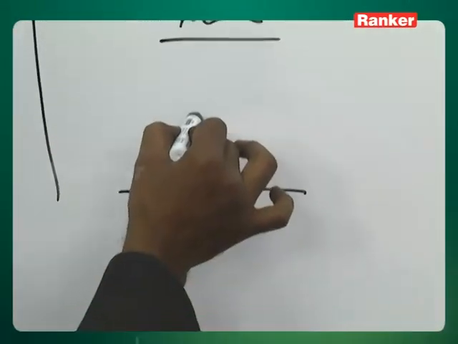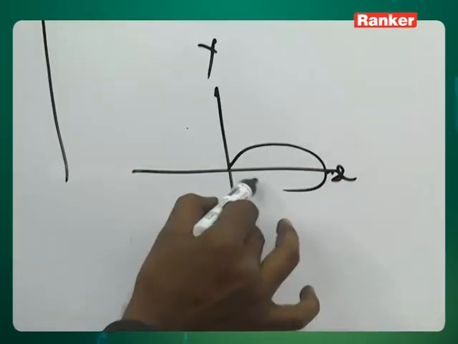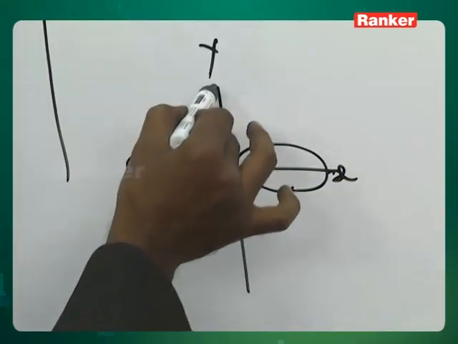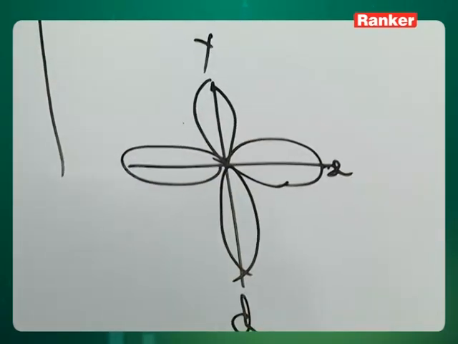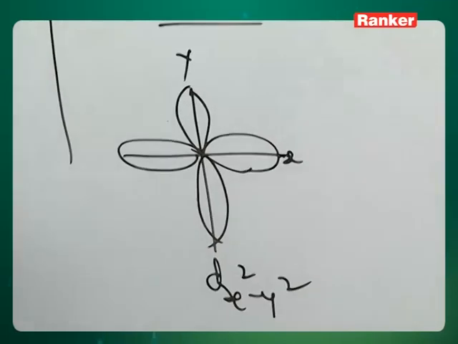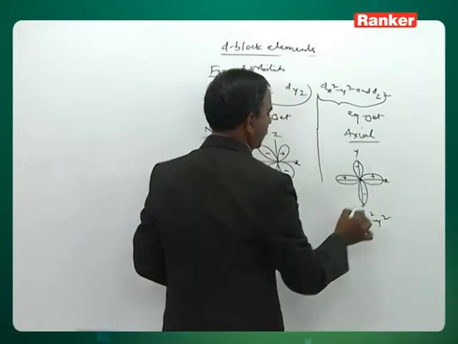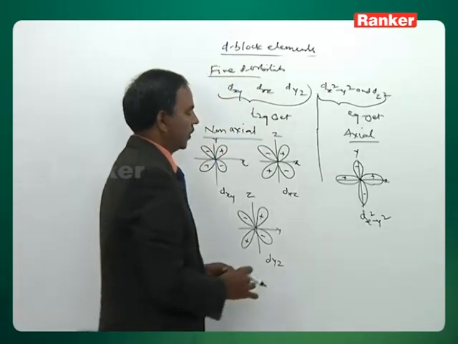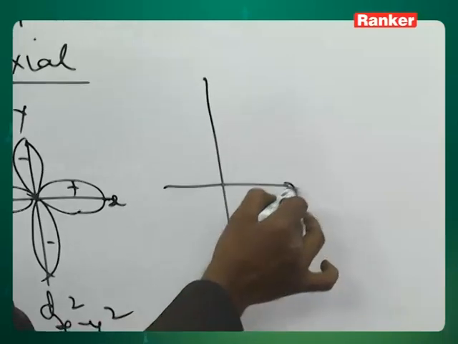These are oriented along the axes. Consider dx square minus y square, oriented along the x axis and y axis. Let me put the wave function signs, plus plus and minus minus. Next, take the dz square orbital.